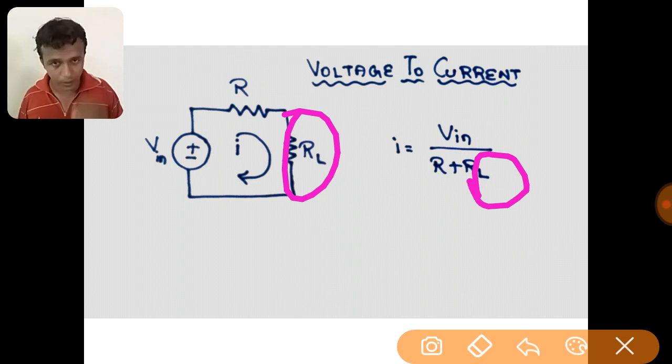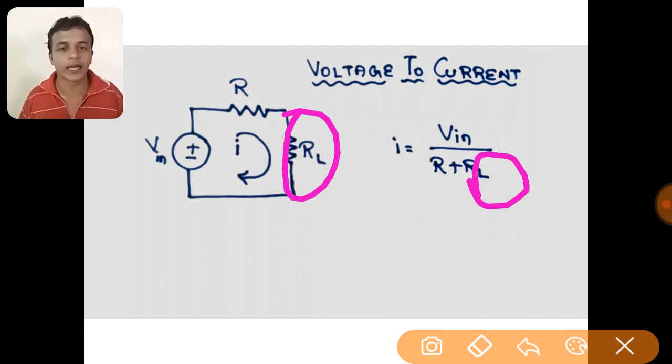If it depended only on input voltage and input resistance, there would be no problem. But since it also depends upon RL, this voltage to current converter is not usable practically. This is called a passive voltage to current converter. So we have to go for an active voltage to current converter.